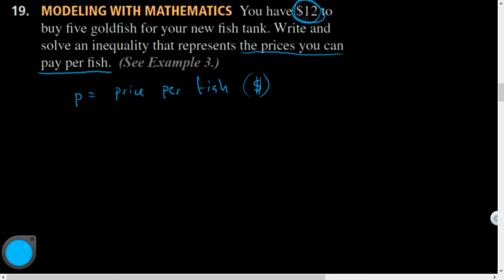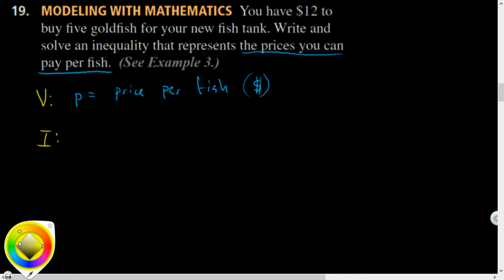Why is dollars a good choice here? Yeah, because they referenced something else that was measured in dollars. So if I can match those units, that would make things a little more convenient for me. So that is my variable. Now to write my inequality. I have $12 to buy 5 goldfish, and we're figuring out price per fish.